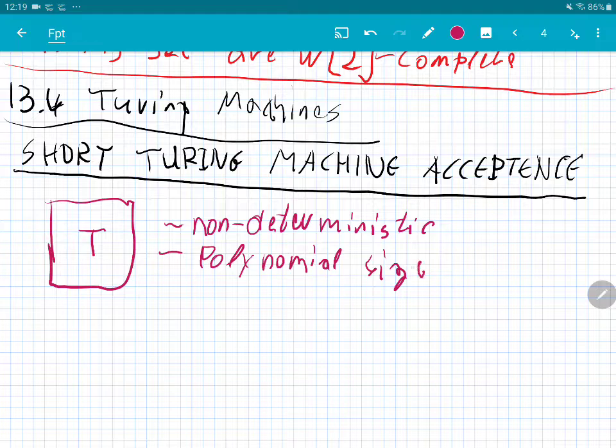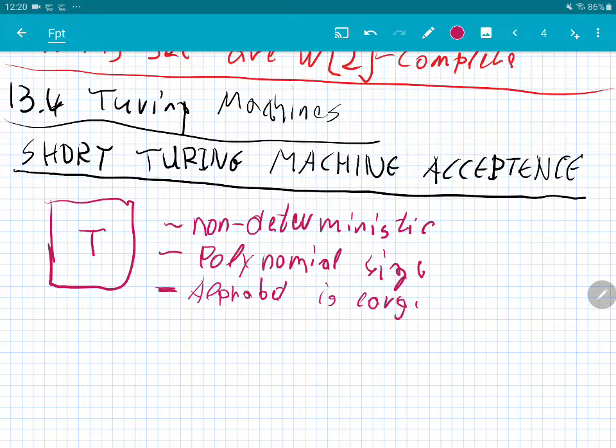Now one important change we are going to make over the classical model is that here the alphabet is allowed to be large.